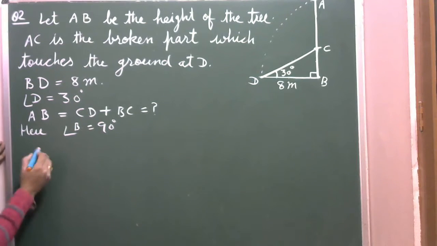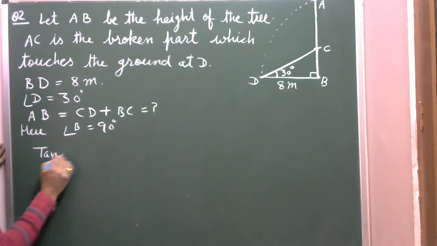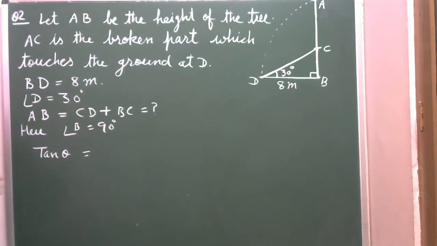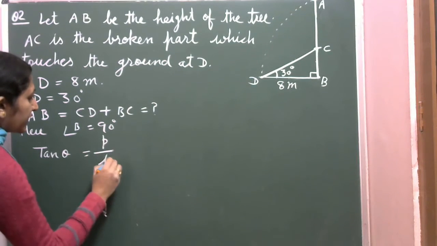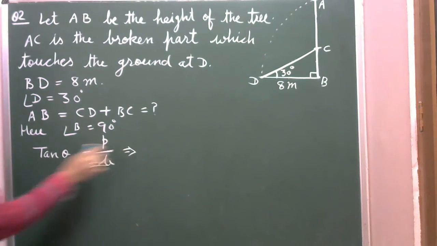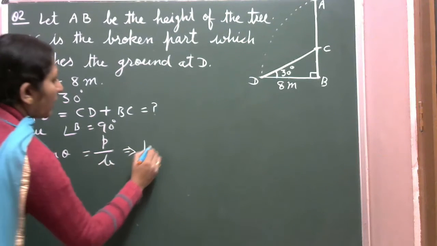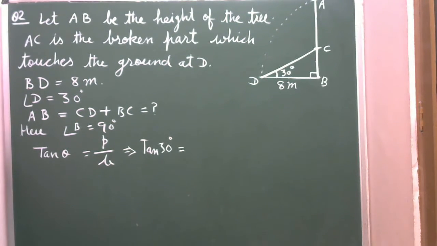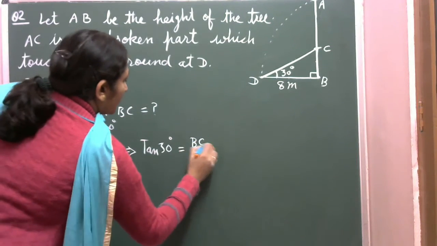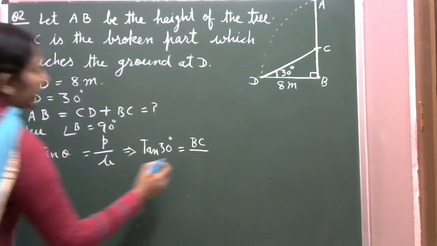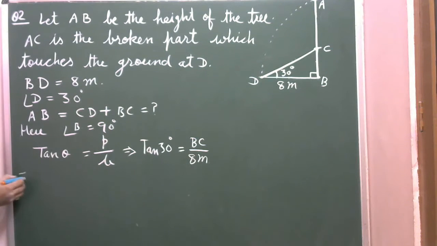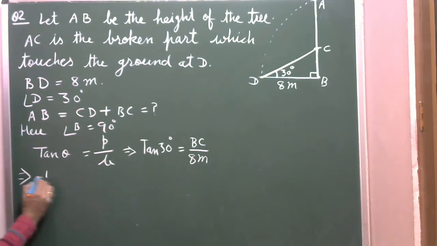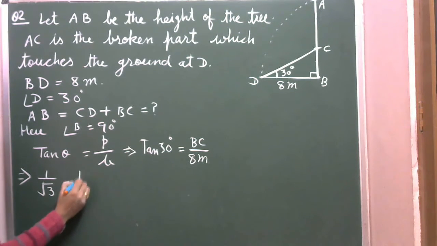So here we know tangent of theta is equal to perpendicular over base, and in this question tangent of 30 degrees is equal to the perpendicular BC, which we don't know, over the base BD, which is 8 meters. The value of tangent 30 is 1 over root 3, which is equal to BC over 8 meters.